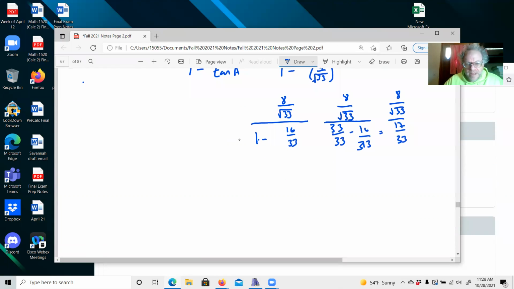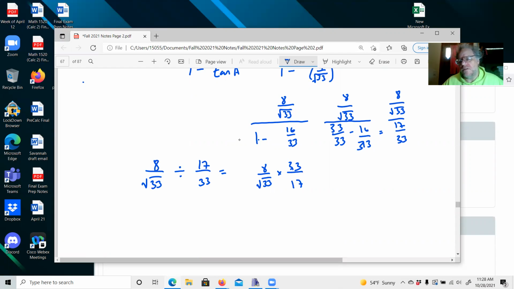So here's what we have. We have 8 over the square root of 33 divided by 17 over 33. How do we deal with this? We invert and multiply. So that's 8 over the square root of 33 times 33 over 17.